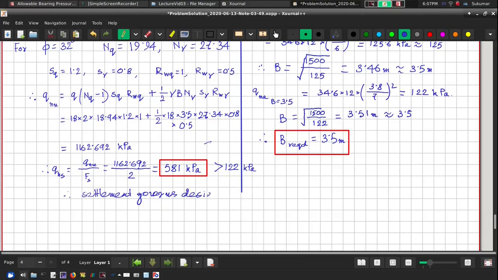And we need a size of footing is 3.5 meter by 3.5 meter.